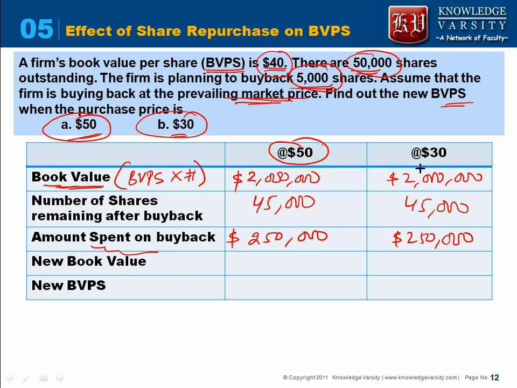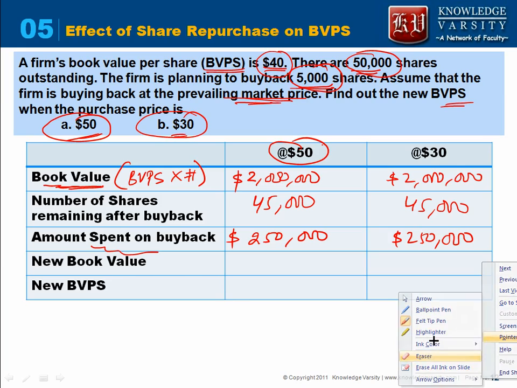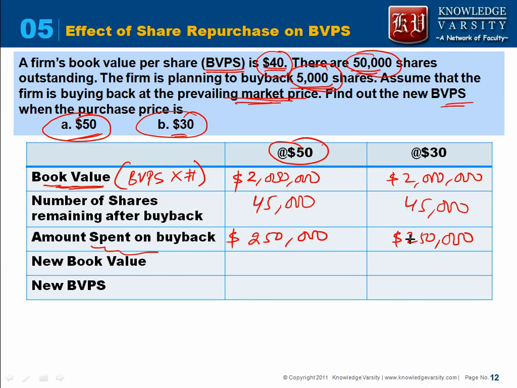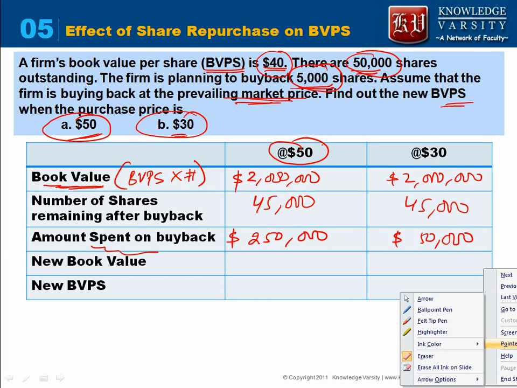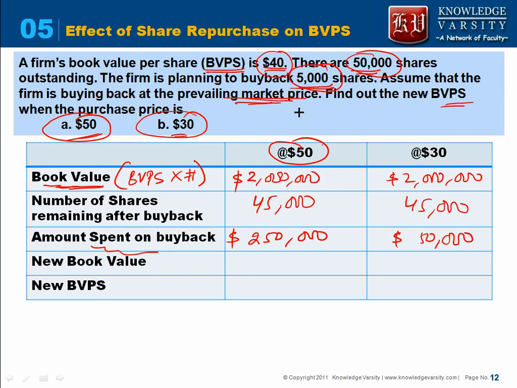Sorry, in this case it would not be 250. Just hold on. In the second case the number of shares you are buying is 5,000 into 30, so it would be 150,000. So that is the amount spent.